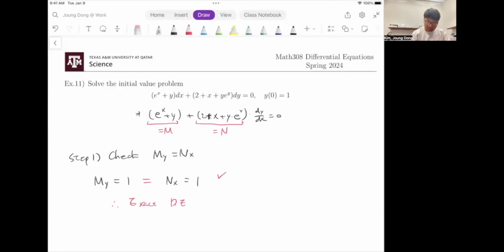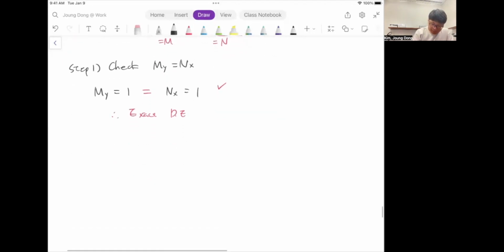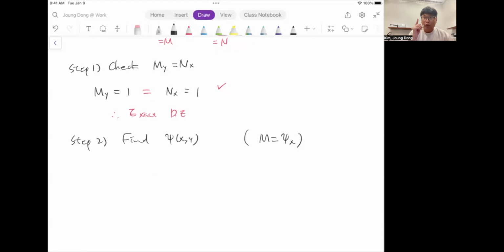Now we have to find psi(x,y). And as I said, you can start from M or N, either way, okay? So you can try both of them. For practice, let me try to use M, but keep in mind your M is equal to psi_x, which means we're going to take the integral with respect to x, okay?